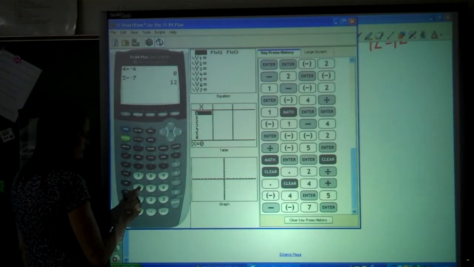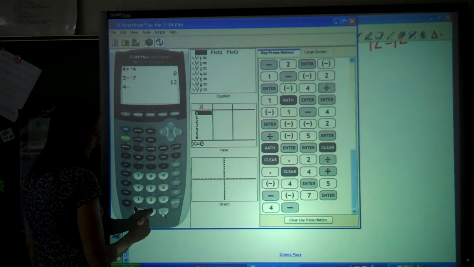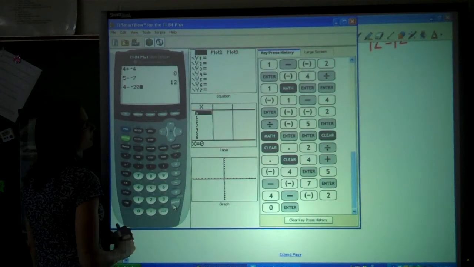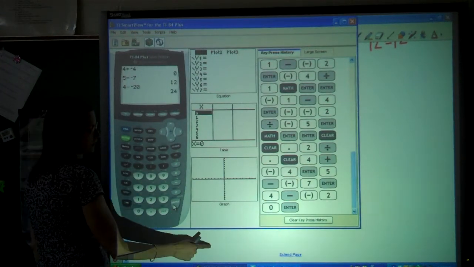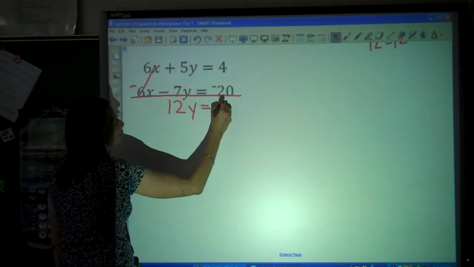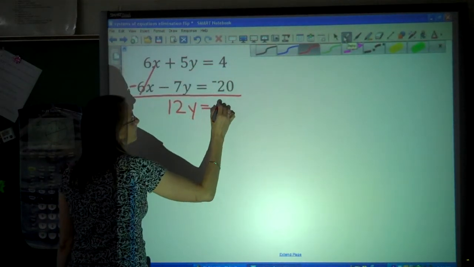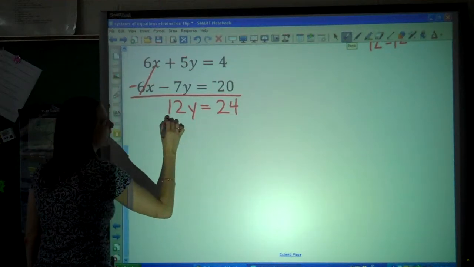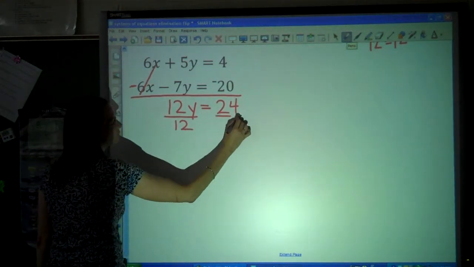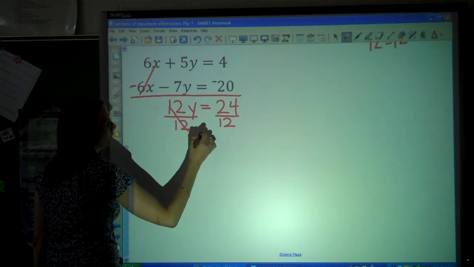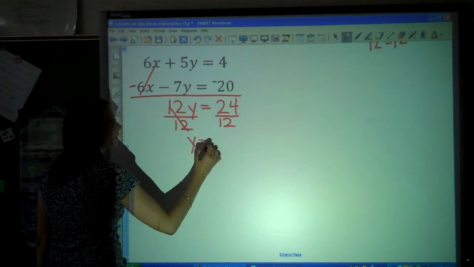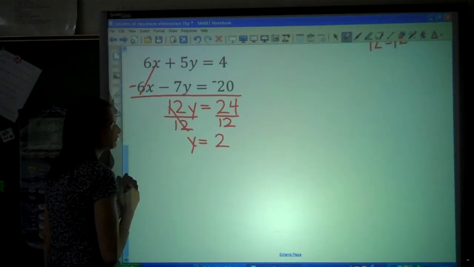If I need to go to my calculator, 4 minus negative 20 is a positive 24. Divide both sides by 12, and I get y equals 2.